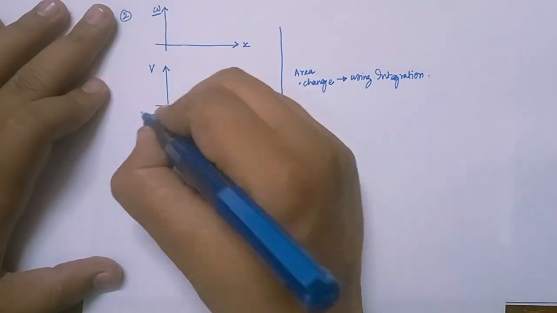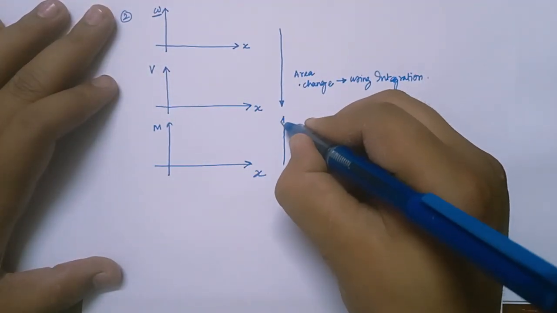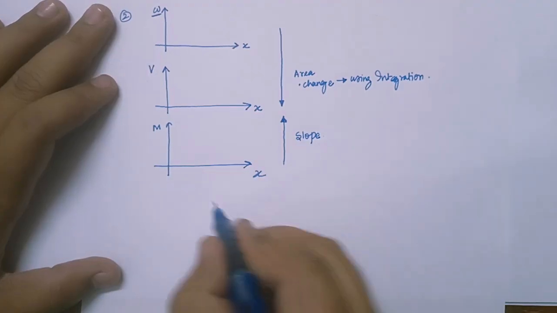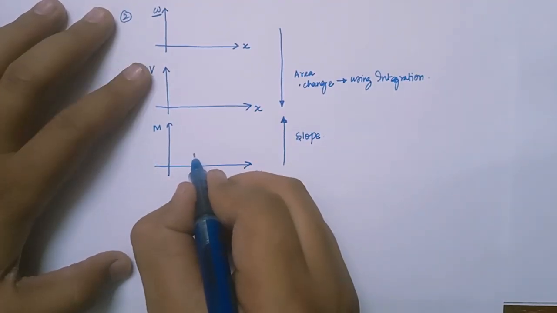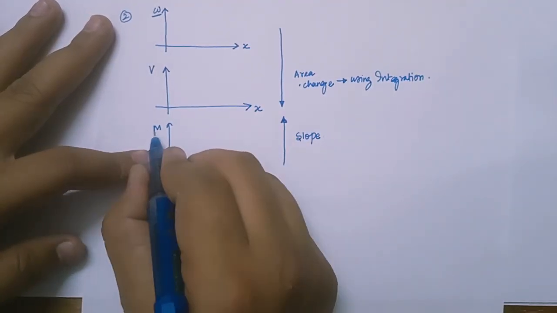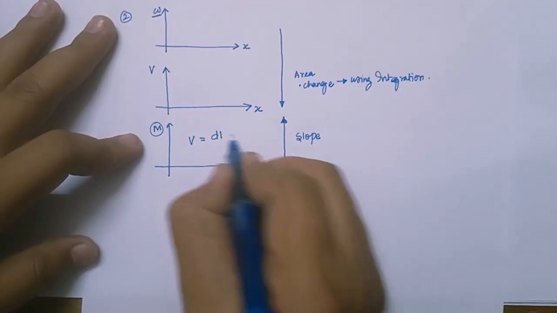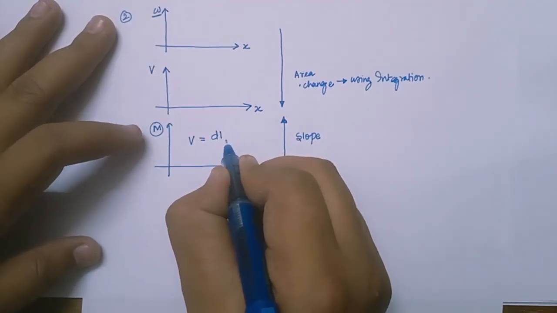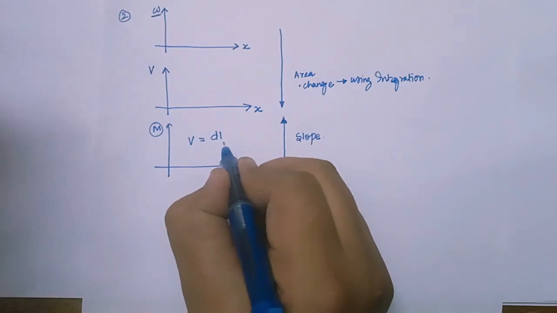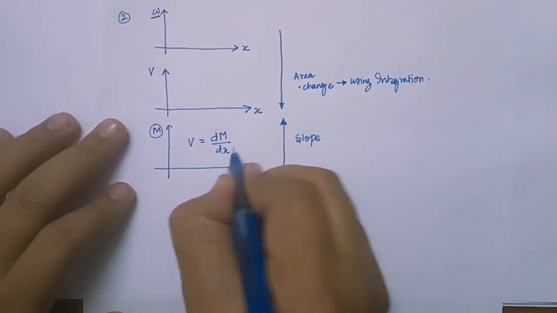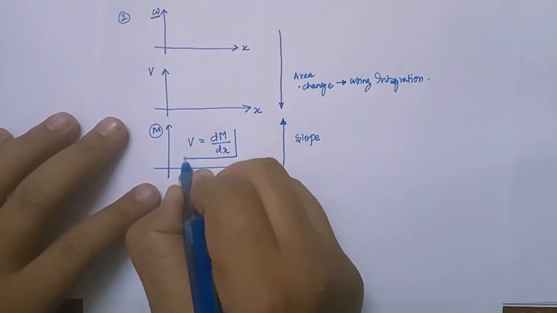And if I move in the upward direction, then I will get slope, right? That is, if I want to calculate V from M, then I'll differentiate M. So V is dM by dx, because here I've written x. So this is V, right?